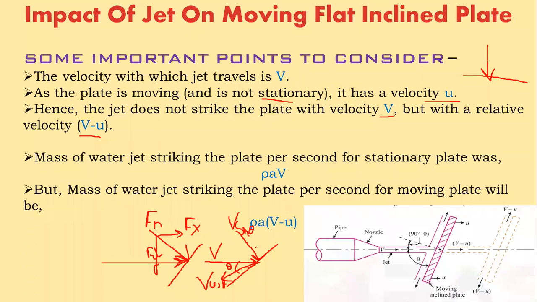So this you already know. Now let us see how it is going to act. The green object here is the flat plate which is inclined. This gray arrow is the direction of the water jet, and theta is the angle between the water jet and the inclined plate.